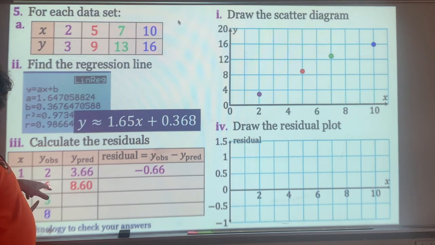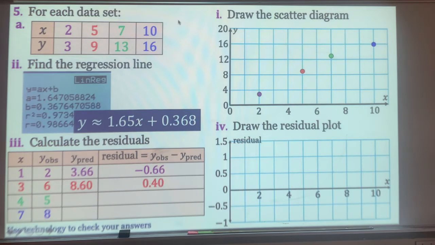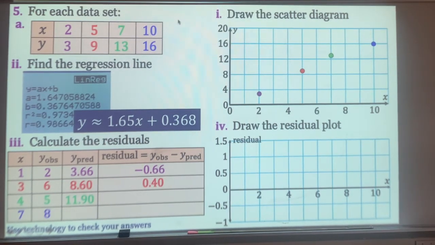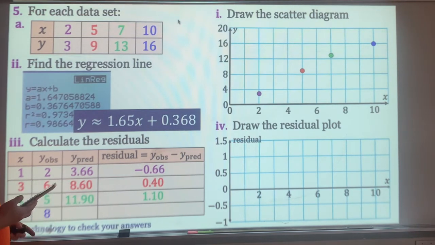Type the 3 into here, you get 0.40. Type in 4 into there, you get 11.50, which is 1.10. When you subtract these two, why are my numbers all so far off? And then 16.84, 0.84. Wow, something really messed up here, I think.